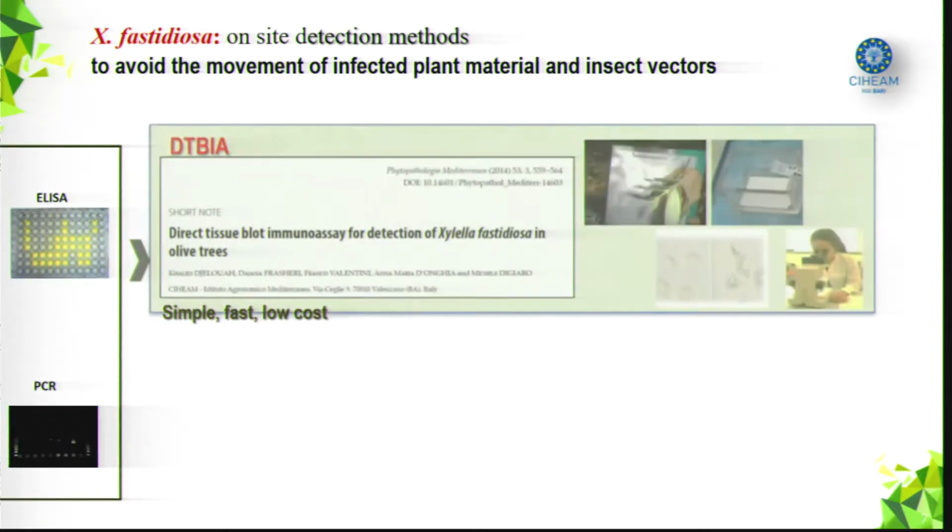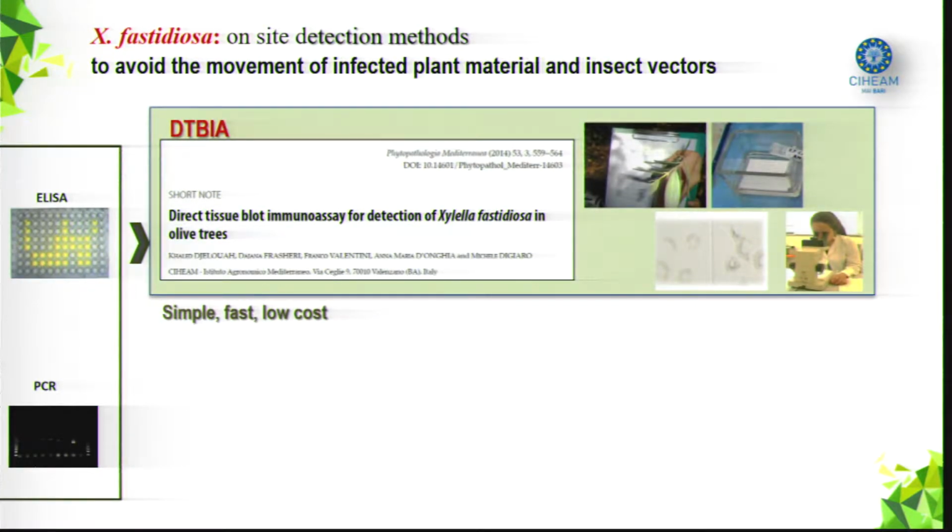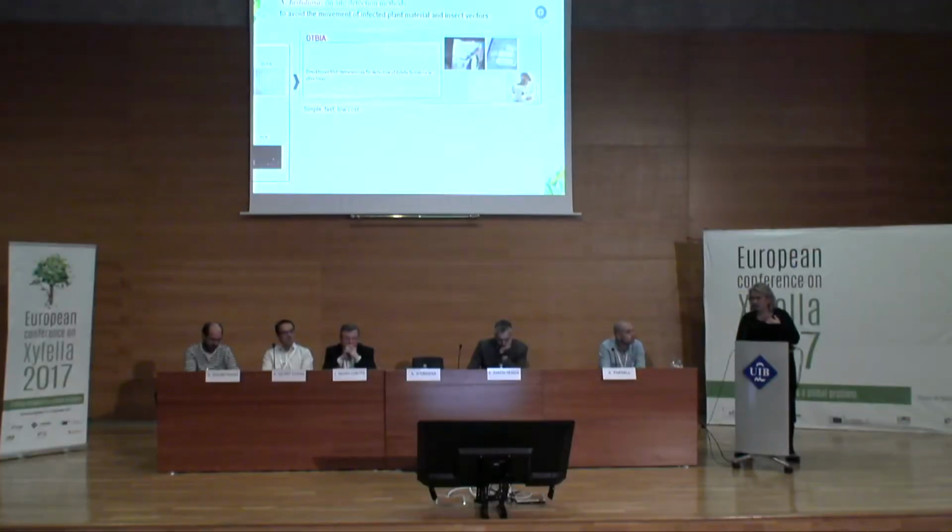I'm not spending much time on both techniques, but just to highlight that these techniques were set up in order to avoid the movement of infected plant material and insect vectors, as was already said, relative to real-time LAMP. But for DTBIA, it's very interesting that of course you don't do the DTBIA on-site, but at least you print the membranes on-site, and then you can process them in the laboratory without taking plant material.